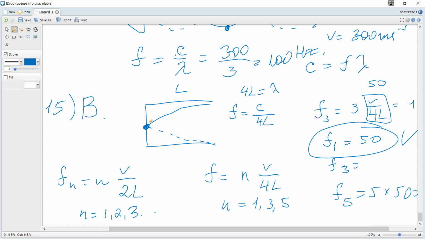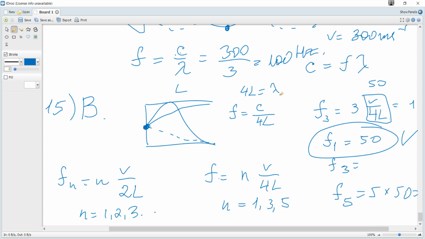And then if you draw the next possible harmonic, notice that there's always a node at the closed end and an antinode at the open end, and you can see that it's 3/4 of lambda.